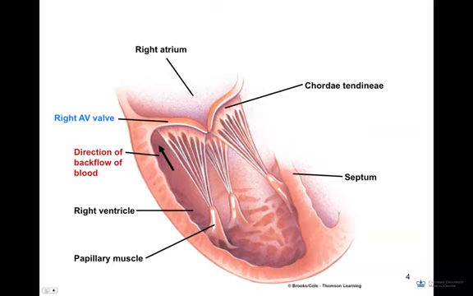And if any blood were to backflow into the right atrium, that represents wasted energy that contracted the muscle and blood moved in the wrong direction. So these valves are absolutely critical in order to maximize all the energy used to contract muscle in the heart in order to move blood in the direction that we want it to move in.